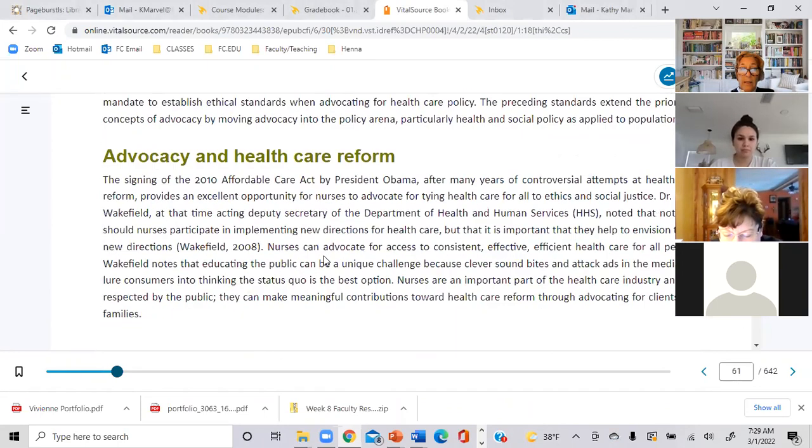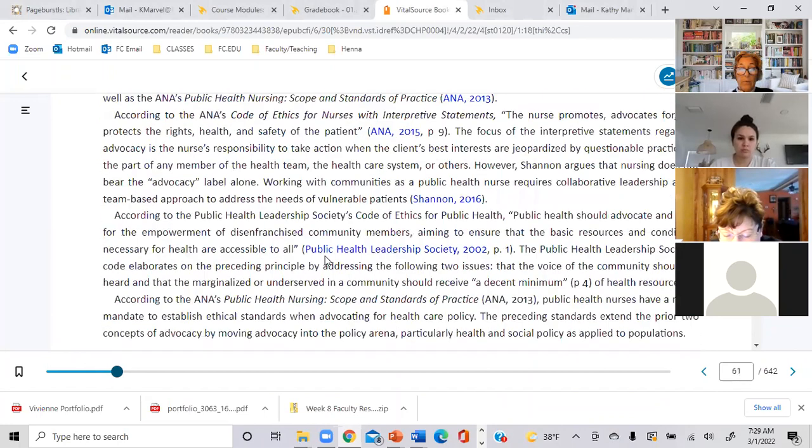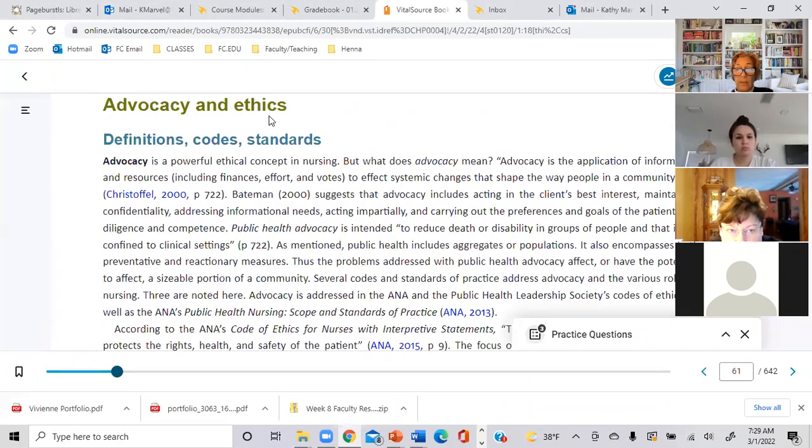Okay, advocacy and ethics. I would have a read through this section. Advocacy, we are advocates for our clients in public health nursing and community nursing. Especially when it comes to ethics, advocacy is very important because we may be advocating for clients in all sorts of ethical situations, whether it be end-of-life decision-making, family involvement.